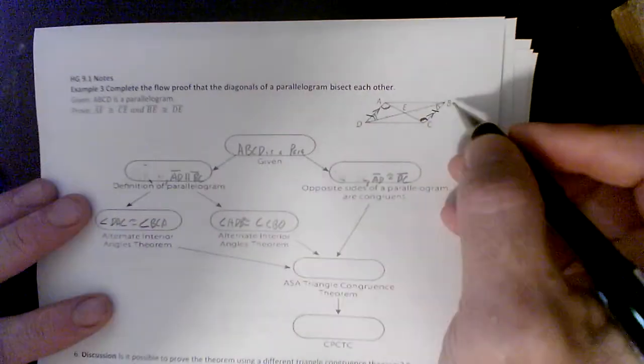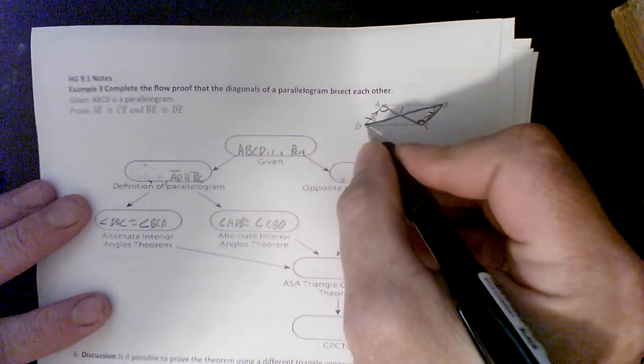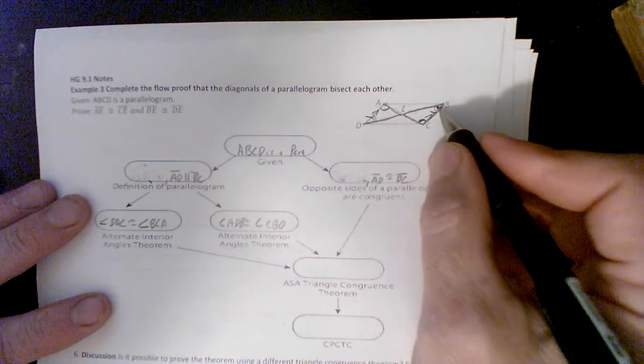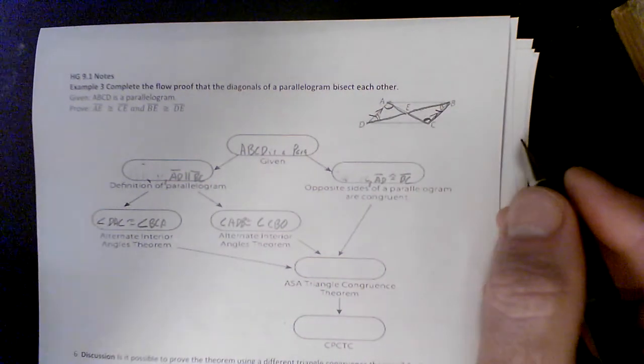If you notice, on both of these little triangles, and I'm going to go ahead and draw those little triangles out right here, that one and that one right there, I have angle, side, angle. So those triangles are congruent by ASA, angle, side, angle. Let's say it: triangle AED is congruent to triangle, let's see, what matches A?